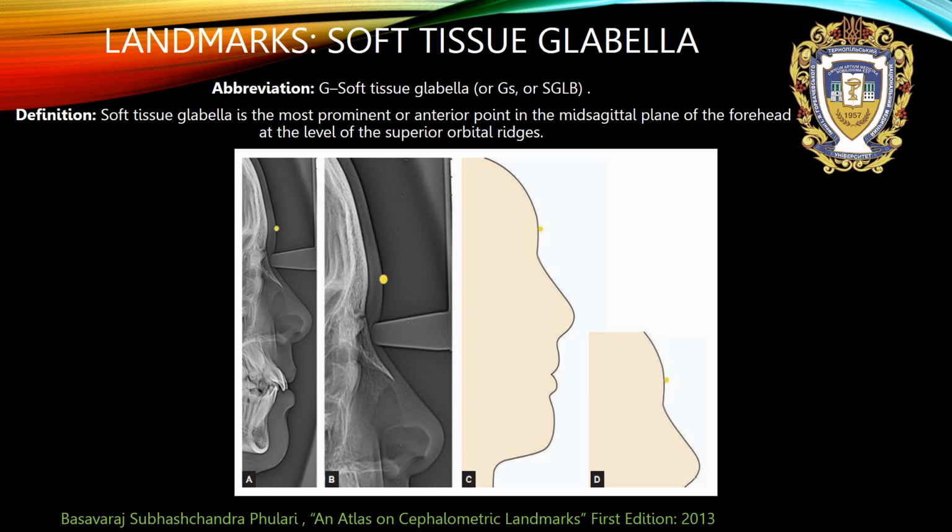First point is soft tissue glabella, marked by G or G' or capital letters SGLB, is the most prominent or anterior point in the mid-sagittal plane of the forehead at the level of the superior orbital ridges.